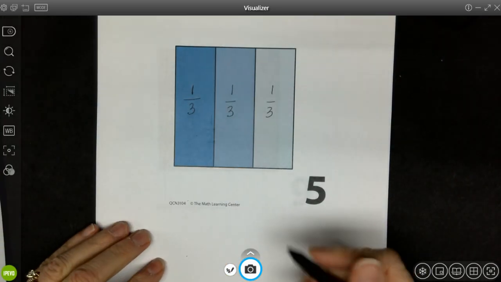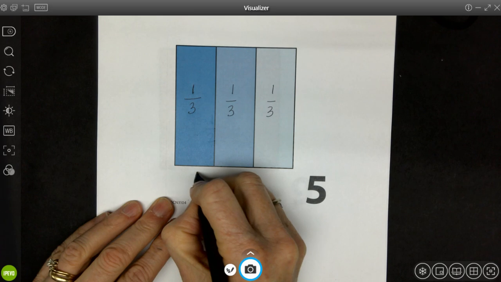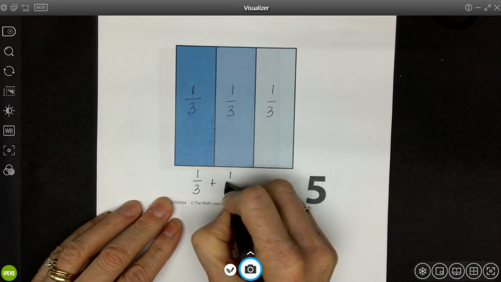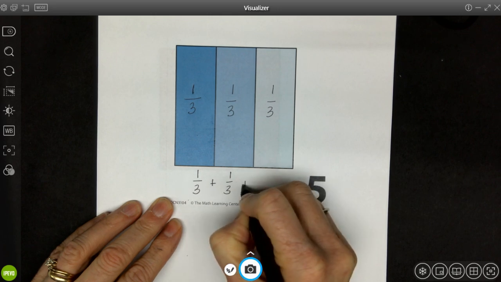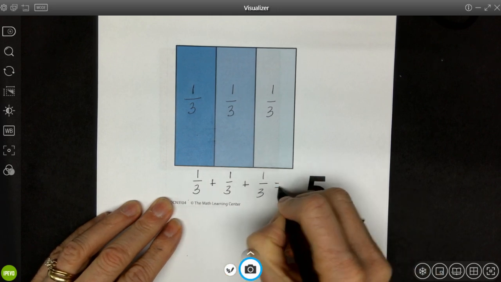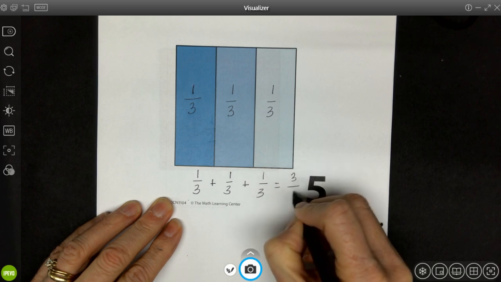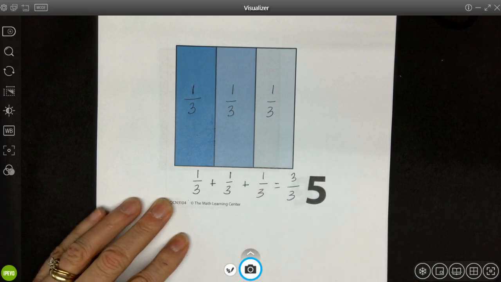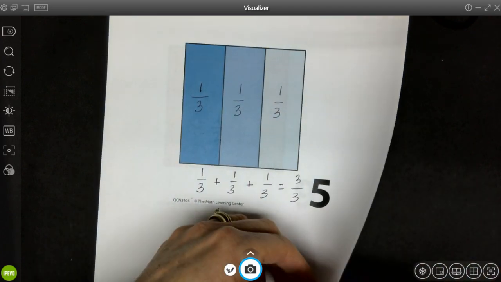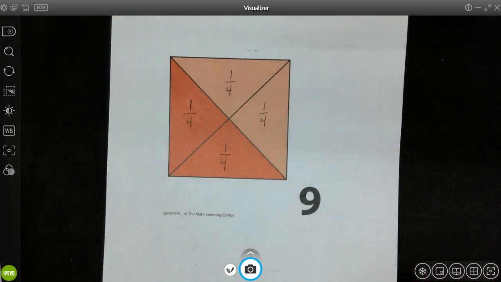If we take this square, we could say that 1/3 and 1/3 and another 1/3 is going to be equal to 3/3. Okay, it took 3 of those thirds to make a whole.